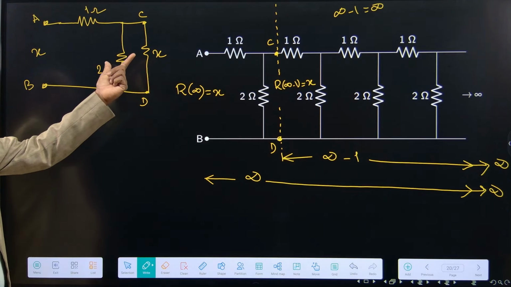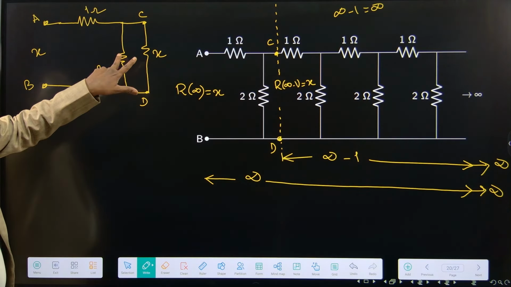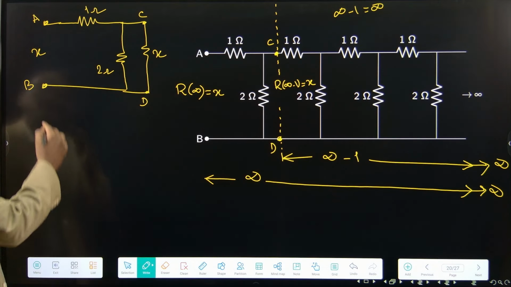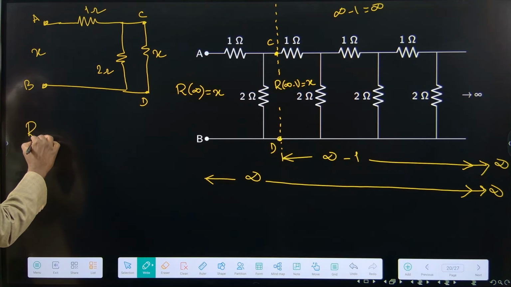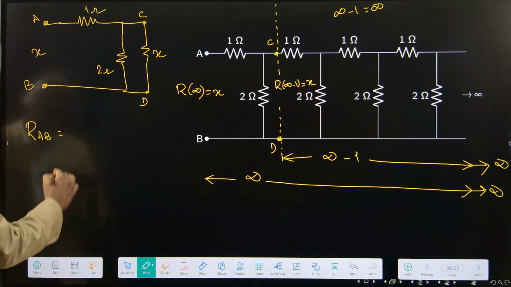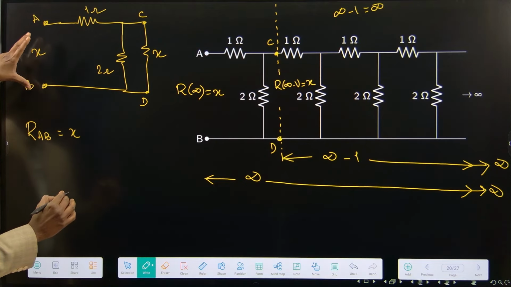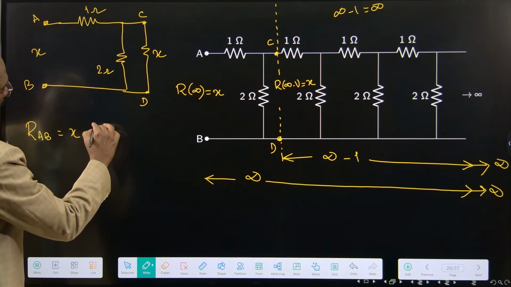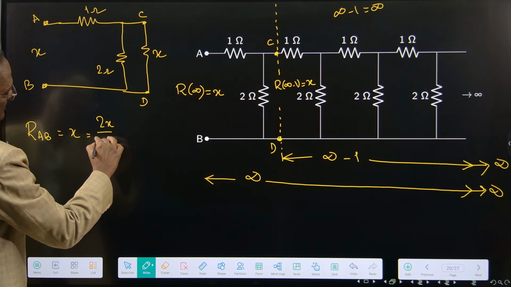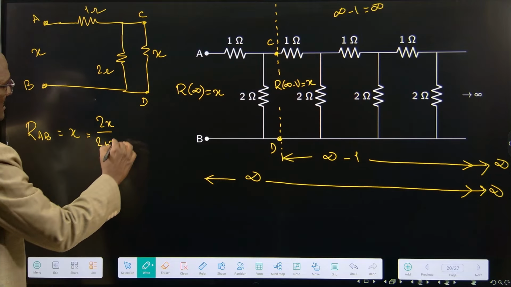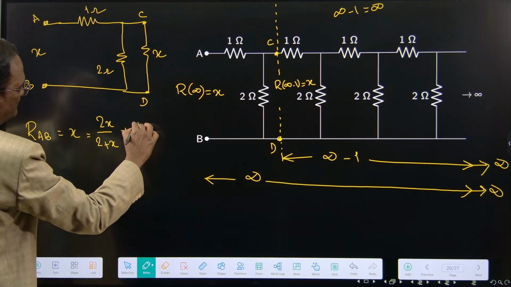Now this X and 2 are in parallel. For this parallel combination, 1 ohm is in series. So RAB is equal to X. This 2 and X in parallel gives 2x divided by 2 plus x, that is R1 R2 divided by R1 plus R2, plus this 1 ohm.